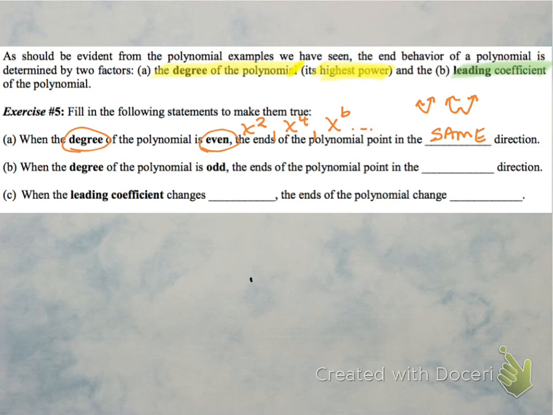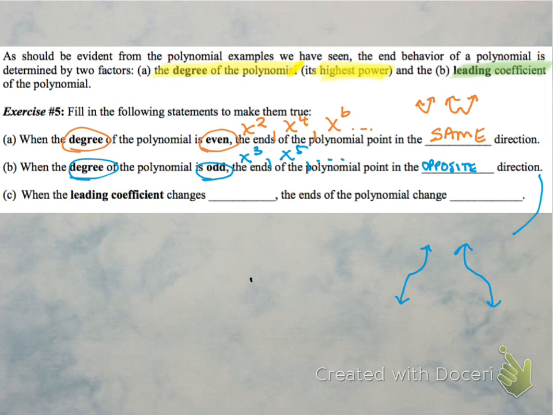So the end behavior is pointing in the same direction. When the degree of the polynomial is odd, like my x cubed, which is similar to my x to the fifth, etc., the ends of the polynomial point in the opposite direction. And I had some examples where my x cubed went like this, or the one that had a vertical reflection like this.